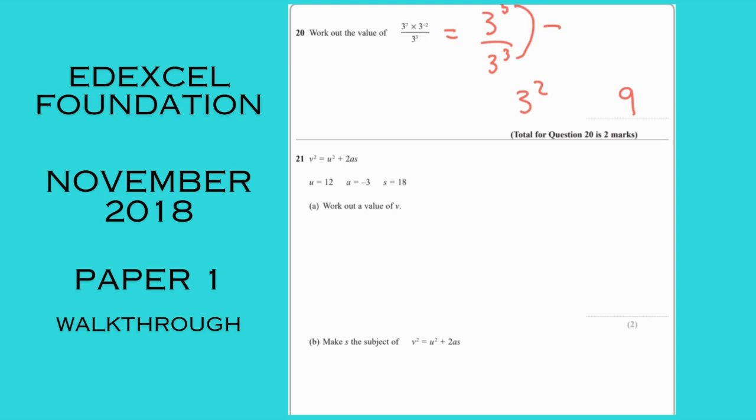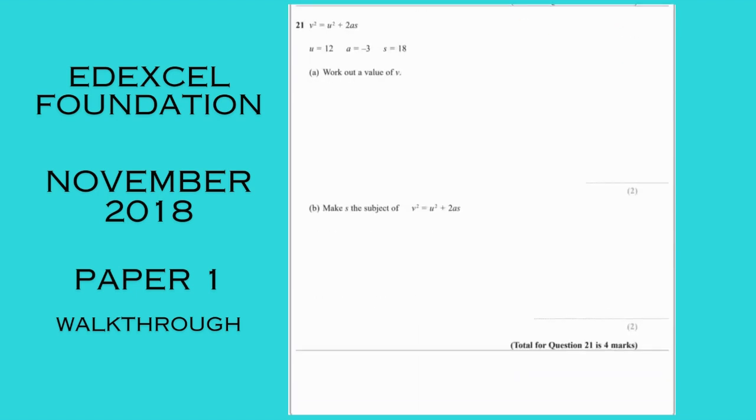Number 21, a bit more substitution. We had some already, but we've got some trickier negatives getting involved. Don't forget BIDMAS. So v squared equals u squared, so that will be 144 added to negative 3 times 18, doubled, 108.